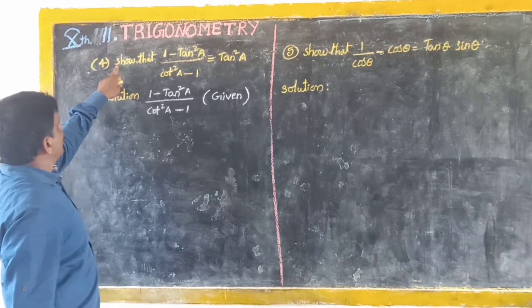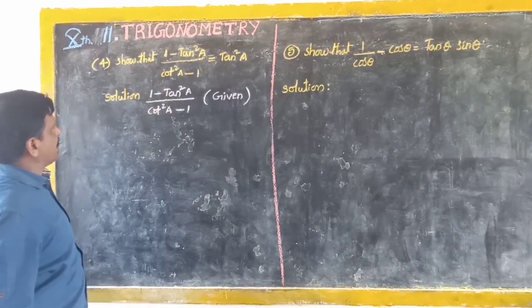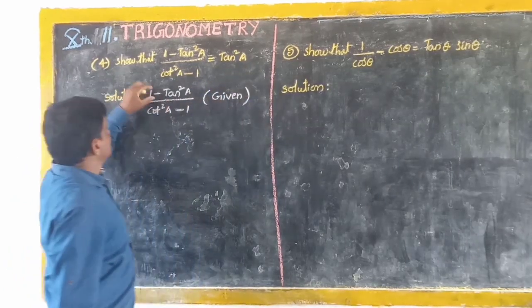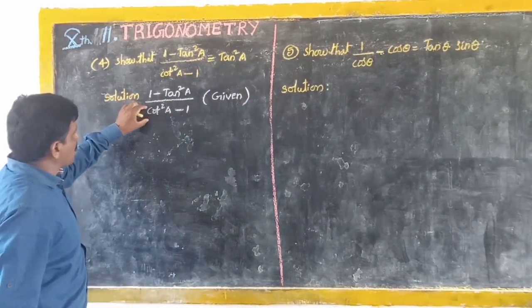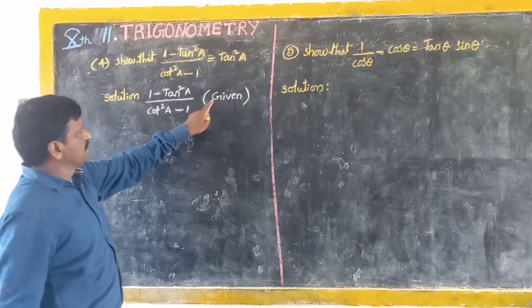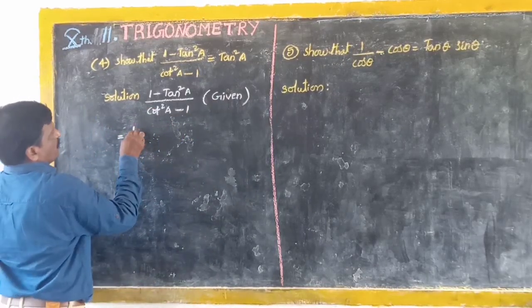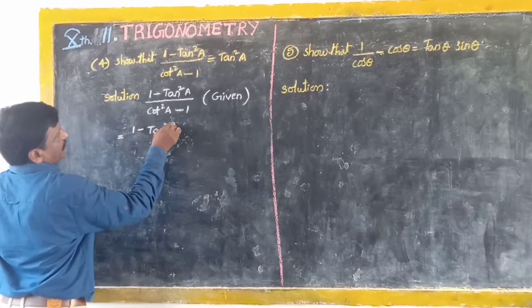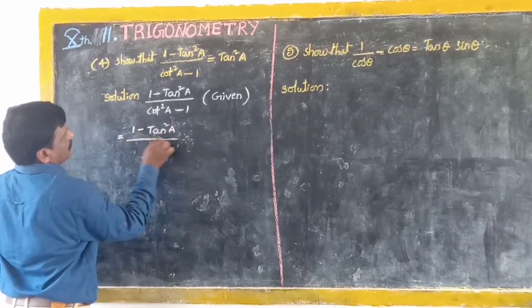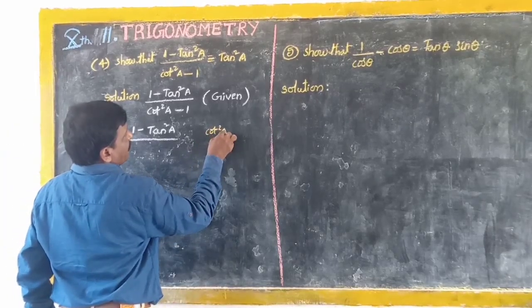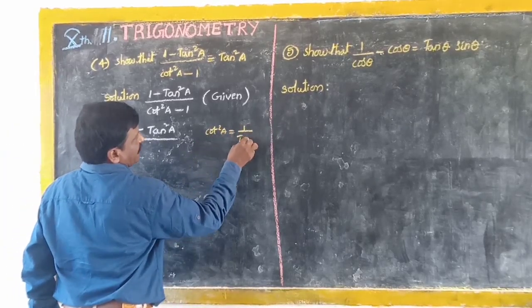Fourth sum. Prove that 1 minus tan square a by cot square a minus 1 is equal to tan square a. Given 1 minus tan square a by cot square a minus 1.